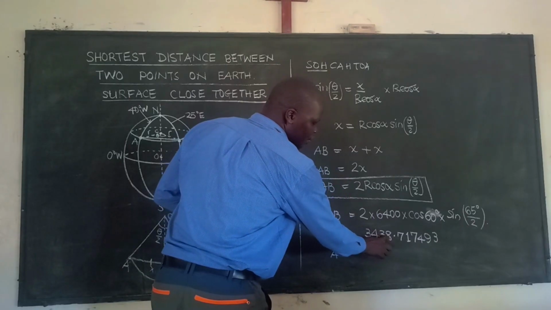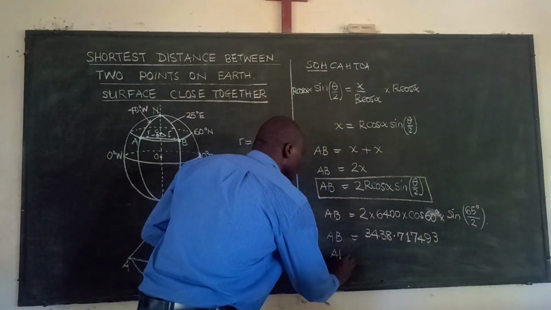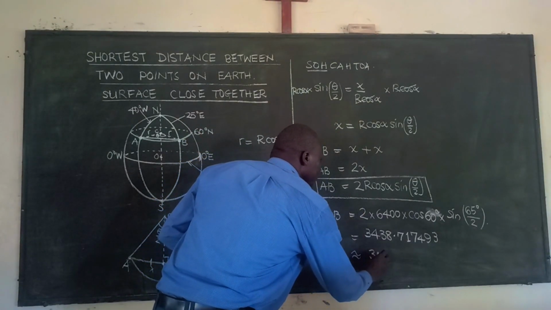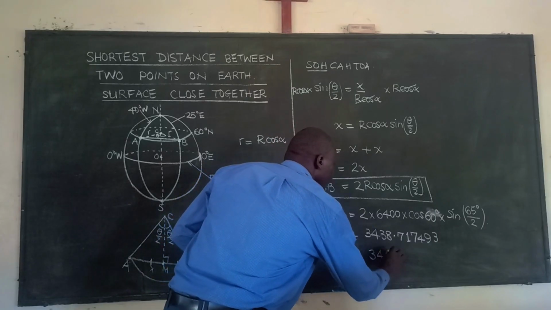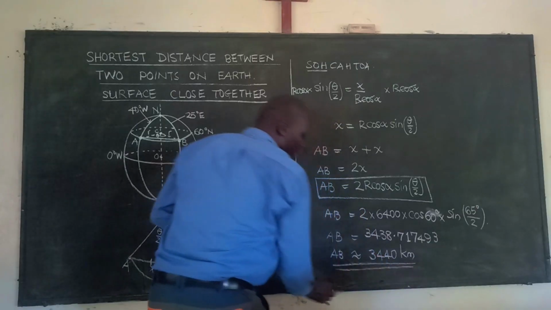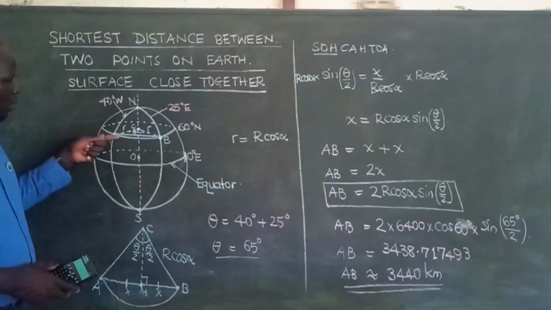So since this digit is 5 or beyond, we can round up by adding 1 to 3 to make 4. So our shortest distance is approximately 3,440 kilometers.